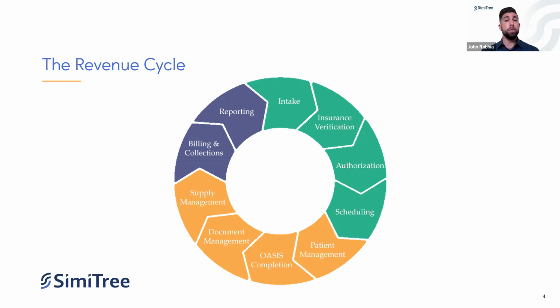The pieces of the revenue cycle that fall into intake are that initial collection of information and referral management process, verifying the insurance plan or plans, gathering authorization if that's required by the payer, and then moving on to being able to actually schedule that patient in a timely manner to get them onto service. So it really is setting up the whole rest of the clinical operation and the revenue cycle to function effectively.